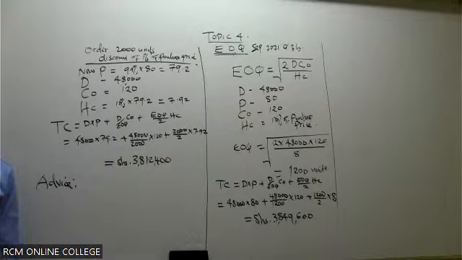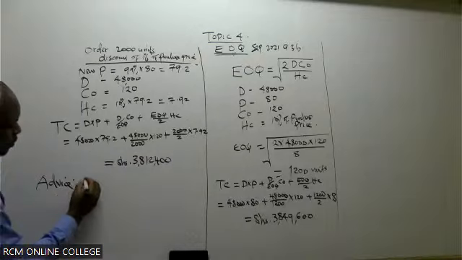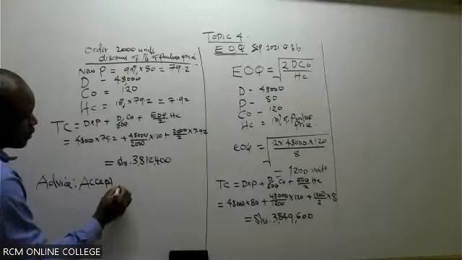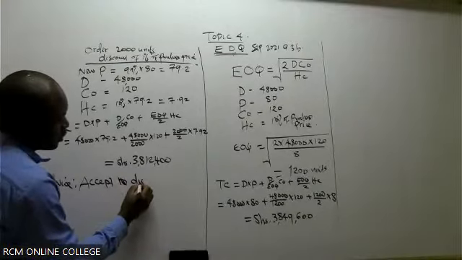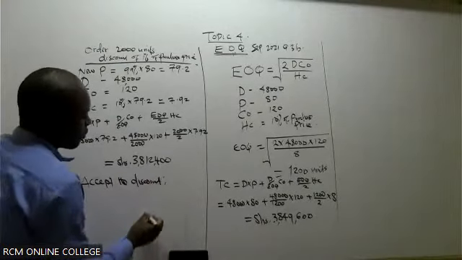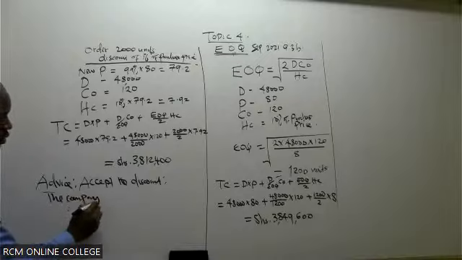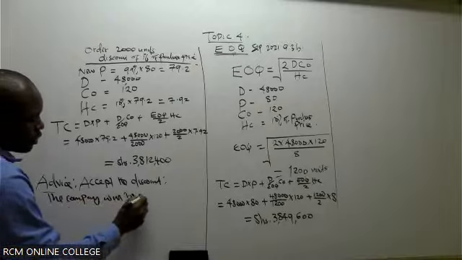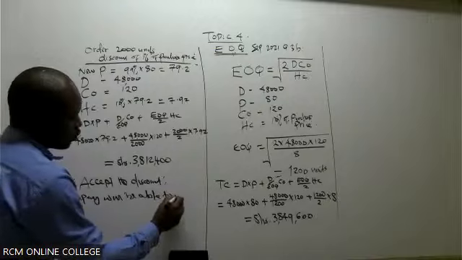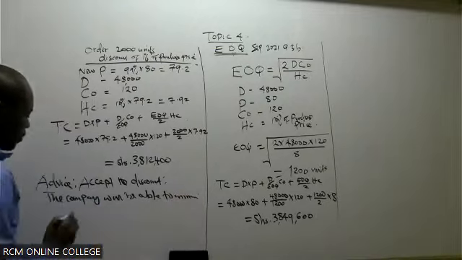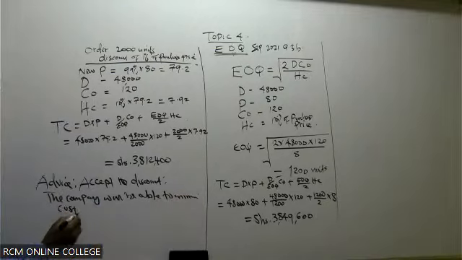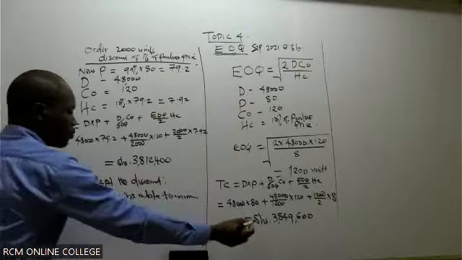They take the discount, is it? So accept the discount or offer. Then the company will be able to minimize costs by how much? So get the difference between these two costs.